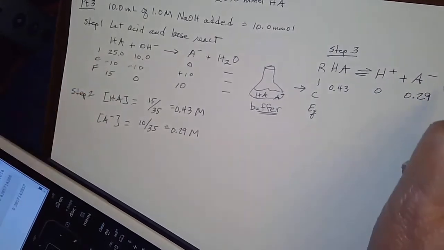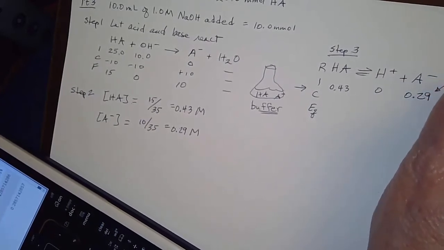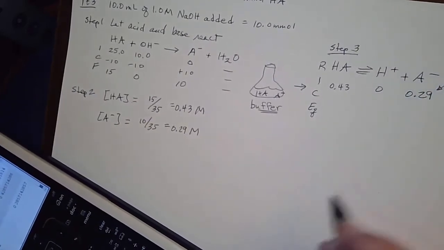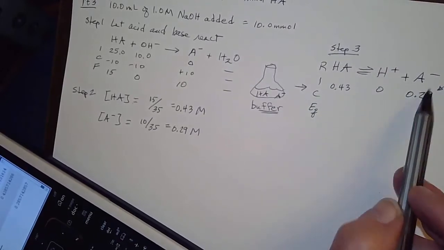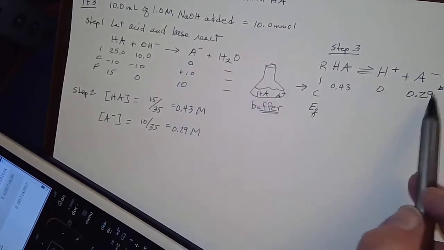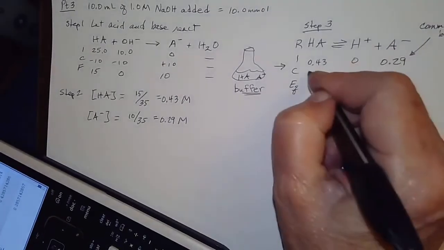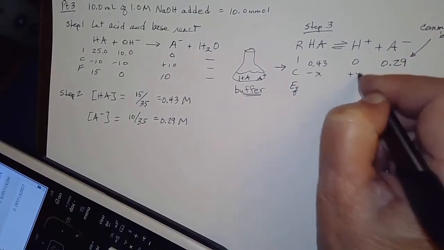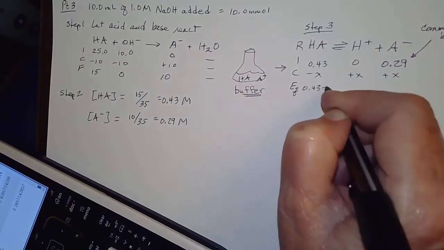Common ion, don't forget, this is where the common ion comes in. This is the weak acid dissociating, but it has the salt already there from the neutralization reaction. That's why I have to start with some of that in there. Change: minus x, plus x, plus x. In your table, you're going to show me that minus x.